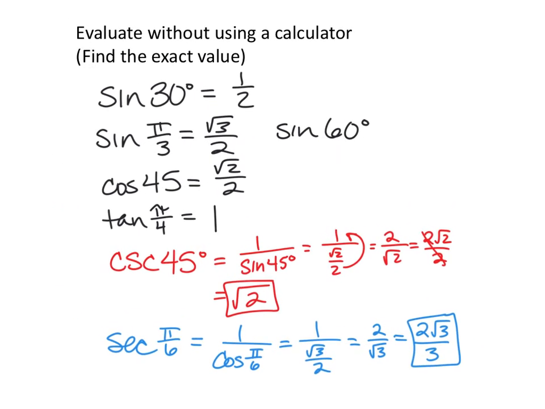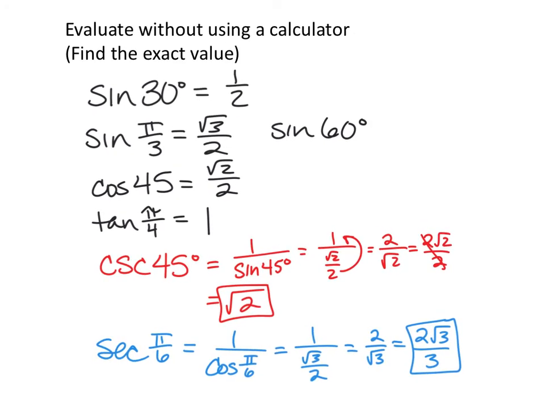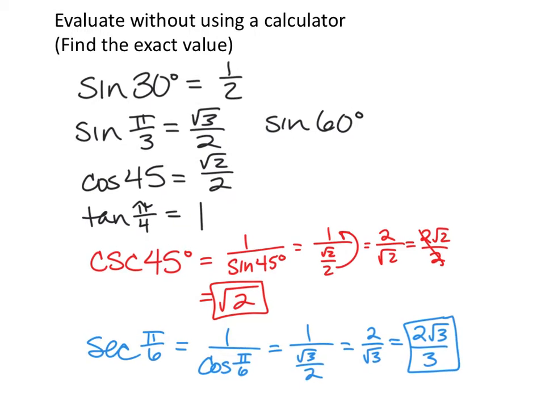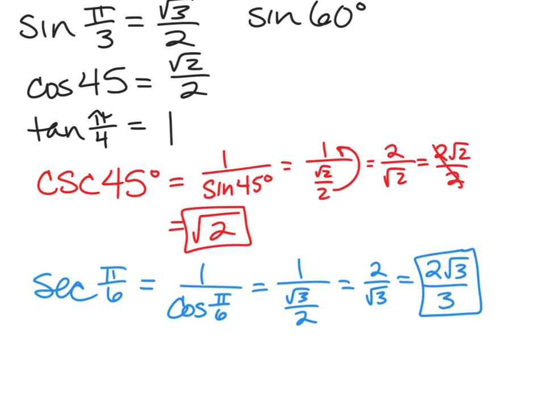Okay, so if I ask you to evaluate without using a calculator, either refer to the table or use the hand trick to get these particular things done. We had a challenging one here with cosecant and secant. Remember, cosecant is 1 over sine. So if I'm doing cosecant of 45, it's like 1 over sine of 45.